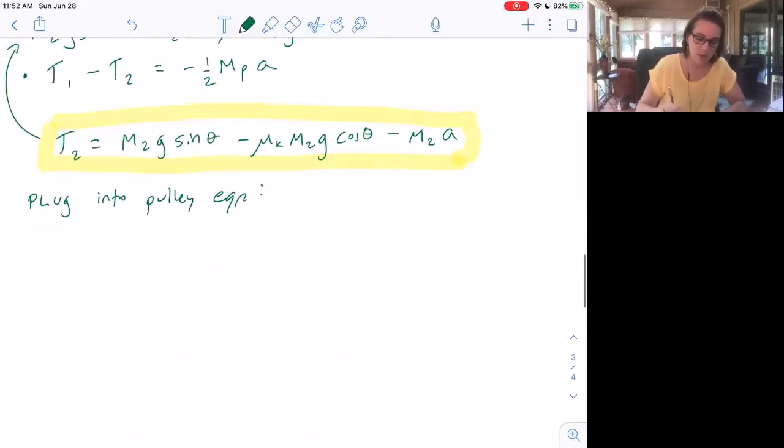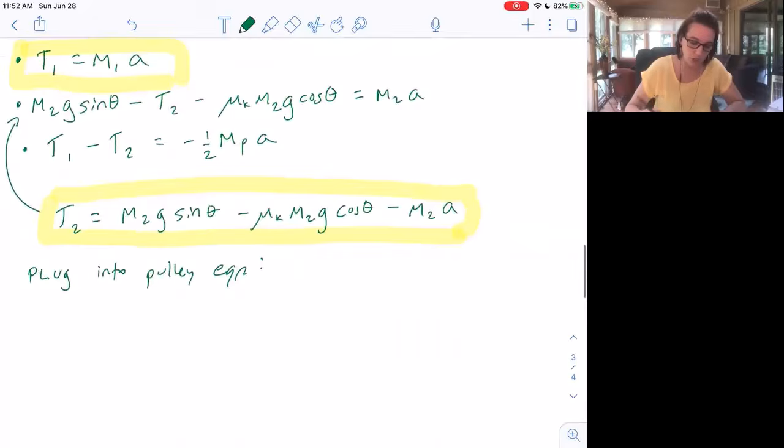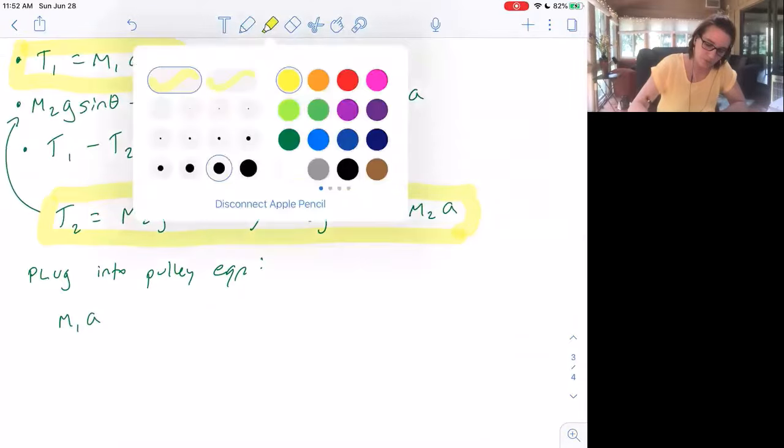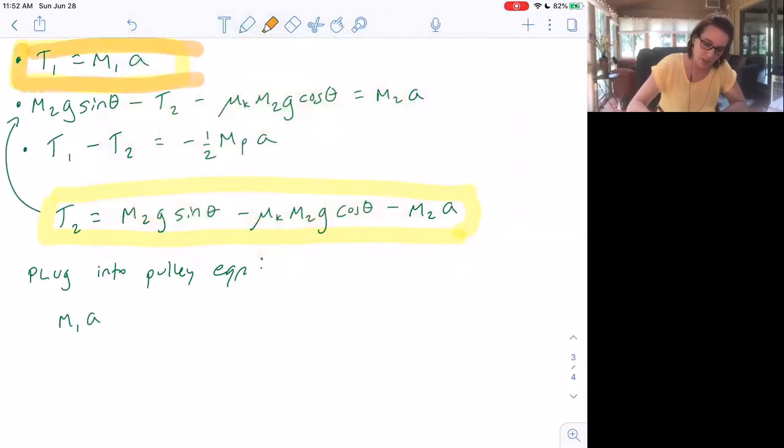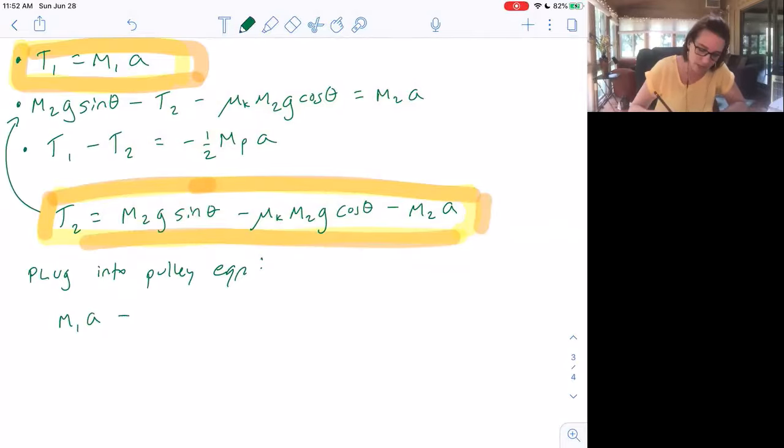This last one here, this T1 minus T2. So I'm going to have T1, that's M1A from this first equation for T1. And then I'm going to have minus T2, which I'm going to plug in this whole thing. So that one's going to get a little bit messy. So minus T2.